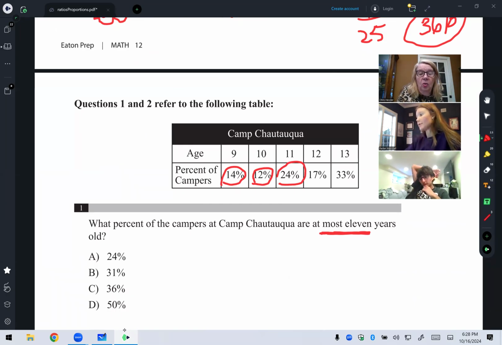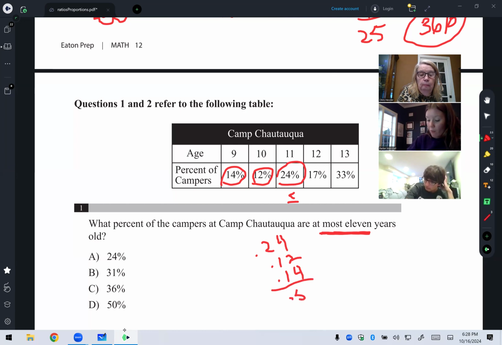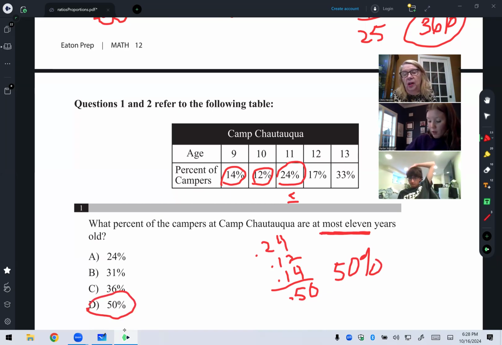But if they're at most 11, then we have to add all these up. And we would get 0.50, which is 50%. So that's pretty easy, right?